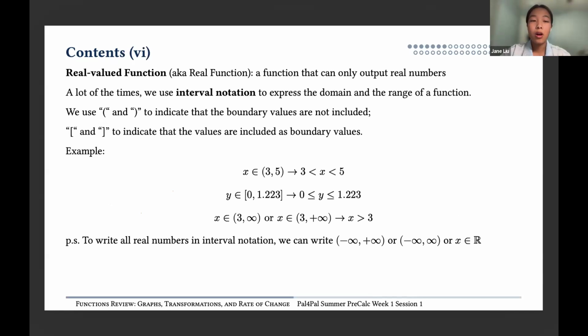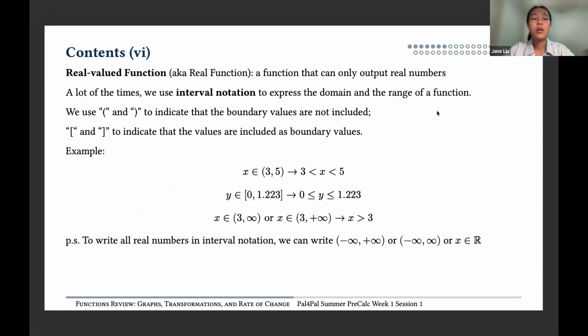There is a kind of function called a real valued function, aka real function. That is a function that can only output real numbers. And in a lot of cases, we use interval notation to express the domain and the range of a function. Usually we use parentheses to indicate the boundary values that are not included, and if both sides have parentheses, we call it an open interval.